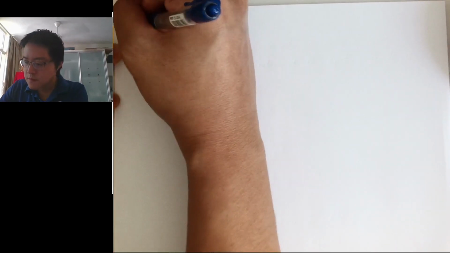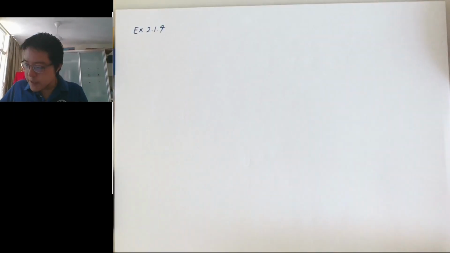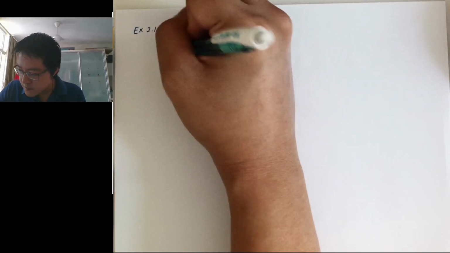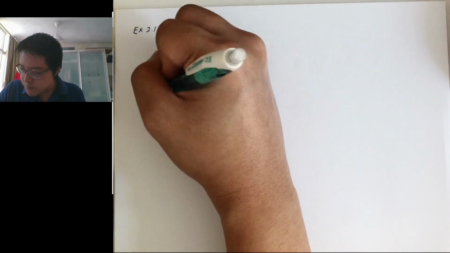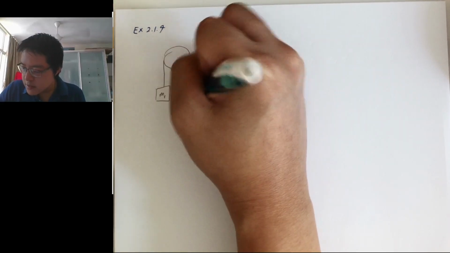Example 2.1.7. So what we have here is a pulley, and I have one mass over here, M1, and then another mass, M2, over here.